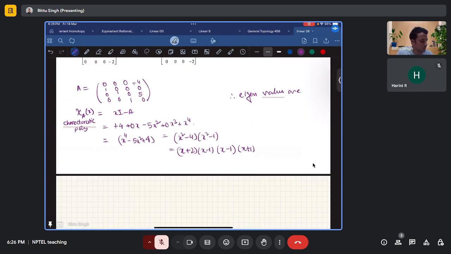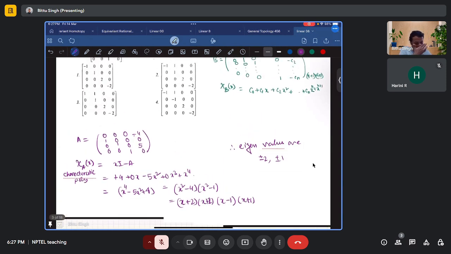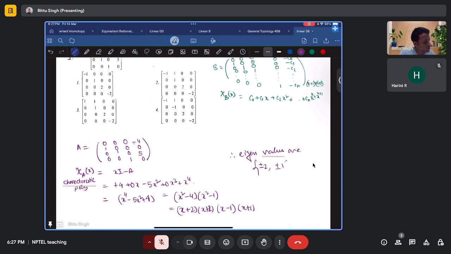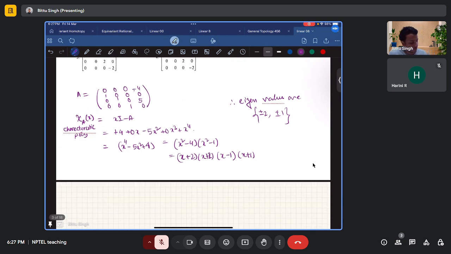So from here it is clear that the eigenvalues are plus minus 2 and plus minus 1. There are only 4 eigenvalues. Since those eigenvalues are distinct, therefore it must be diagonalizable, right?